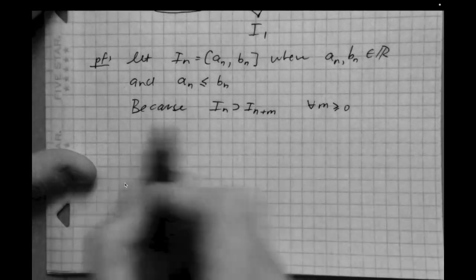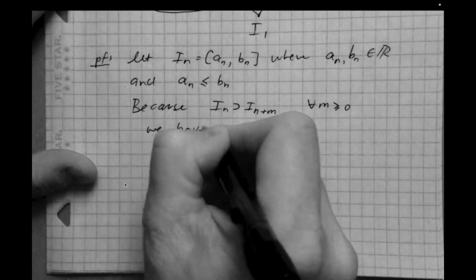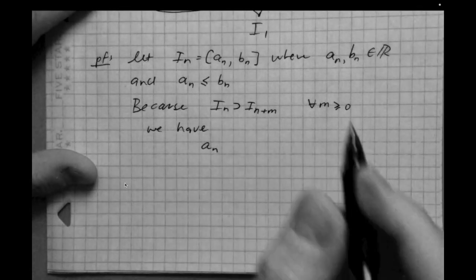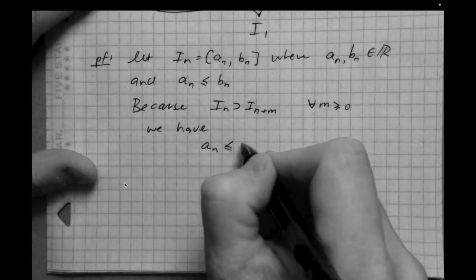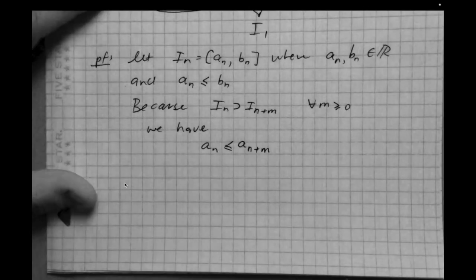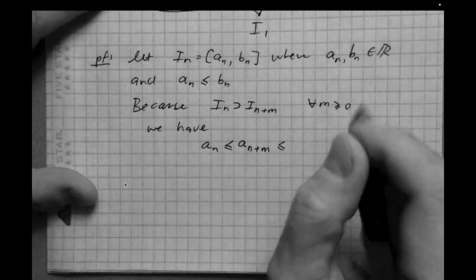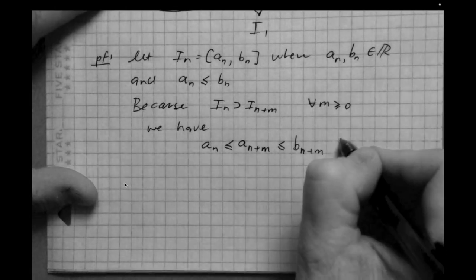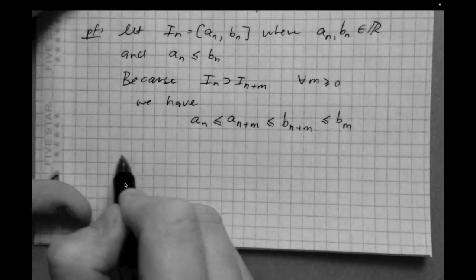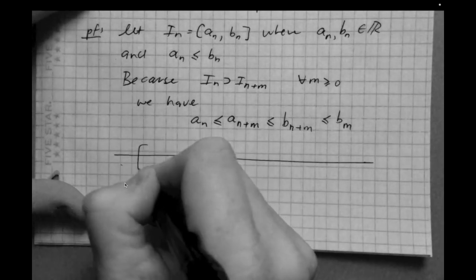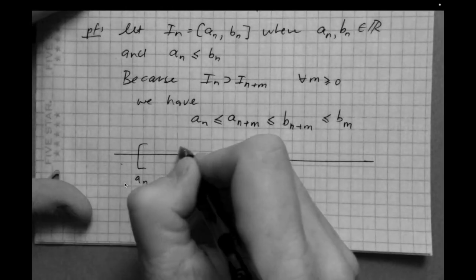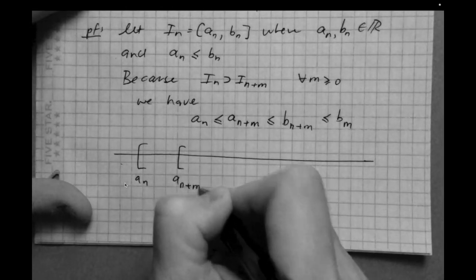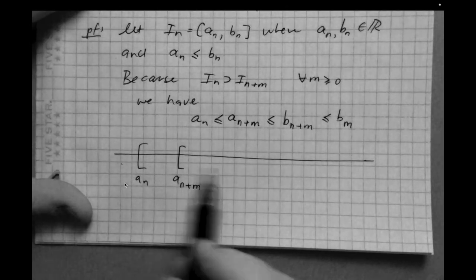Because of this, we have a sub n is less than or equal to a sub n plus m, which is less than or equal to b sub n plus m, which must be less than or equal to b sub m. Now, hold on. What's all this? Well, let's draw a little picture here. On the one hand, we've got a sub n, and we know that a sub n plus m, because it has a larger index, must be to the right of a sub n.